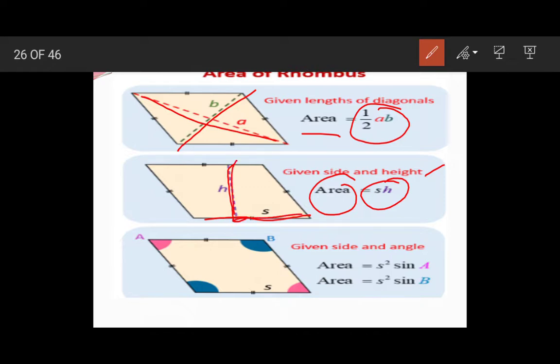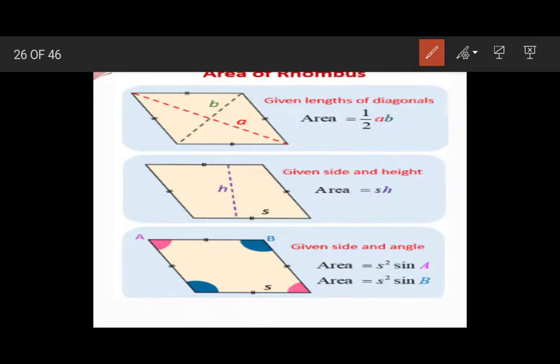If side and any one angle are given, then we can find the area by using the formula S square into sin A. If the other angle is given, then we use S square into sin B. Okay. Clear?